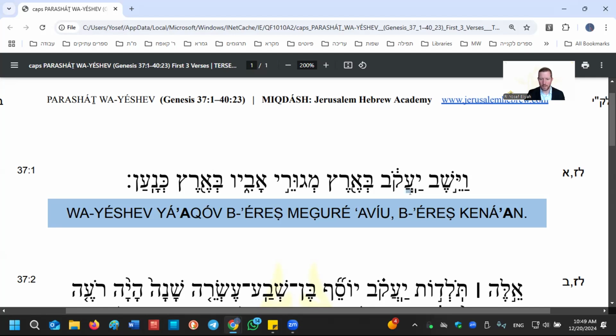The shva, the colon symbol looking thing, is always either indicating a complete absence of a vowel or an unemphasized vowel. It never is the emphasized syllable of a word. So let's read this pasuk one more time.